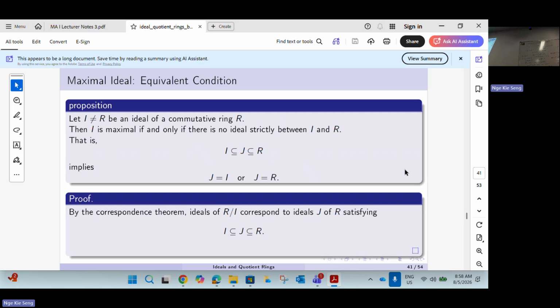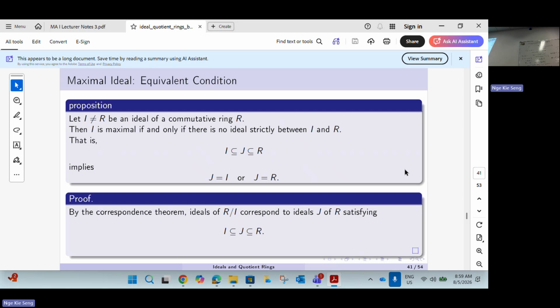And then a maximal ideal is equivalent to this: we want to see if this is a maximal ideal or not. If J is an ideal such that J is either I or R, then I is maximal. If J is not equal to I or R, then it sits inside here, and then I is not maximal.